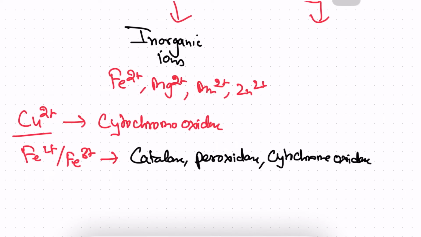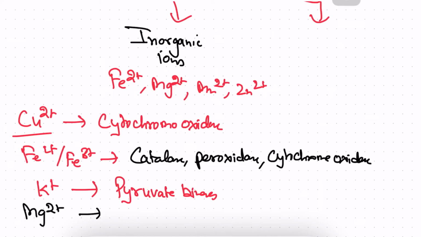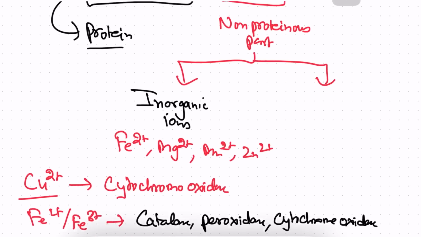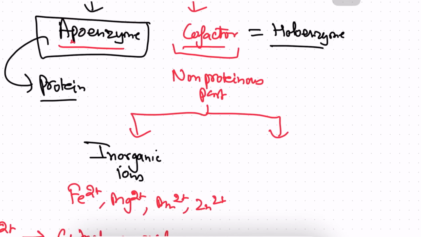Same way, inorganic ions like potassium ions are present in pyruvate kinase. Same way, magnesium ions are present in hexokinase, or you can say glucose 6-phosphatase.